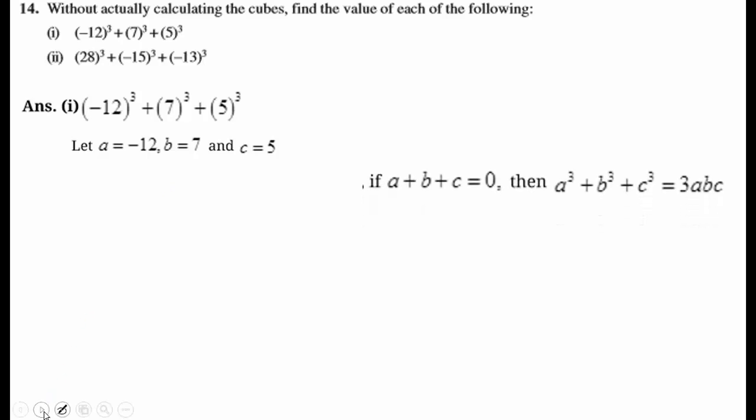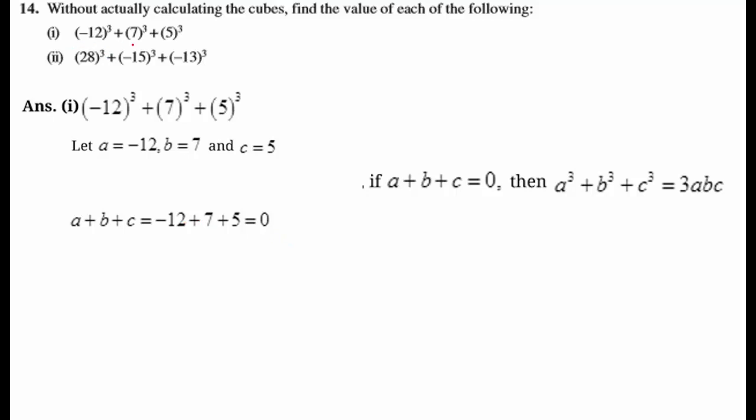Now we know that if a plus b plus c equals 0, then a cube plus b cube plus c cube equals 3abc. You can also write x, y, z instead of a, b, c. Now if we add, minus 12 plus 7 plus 5 is 0.